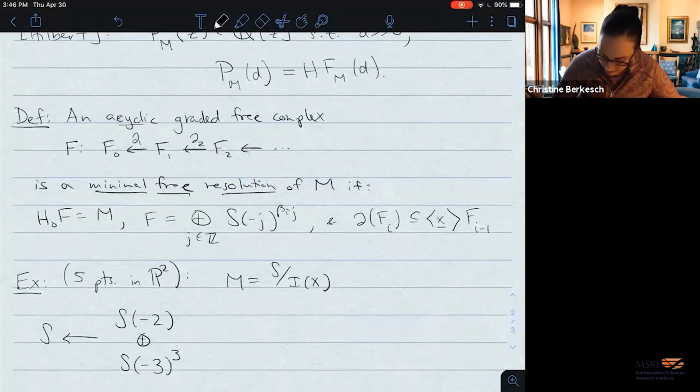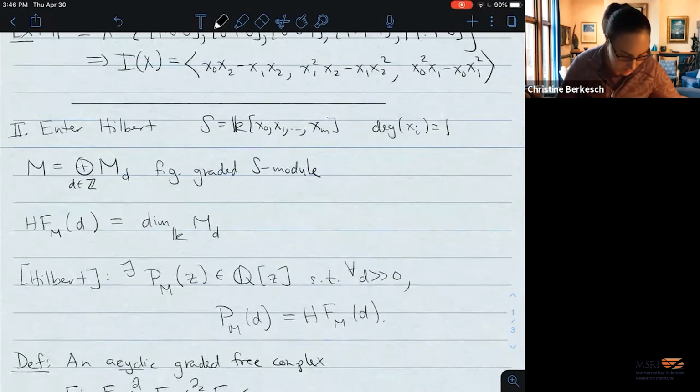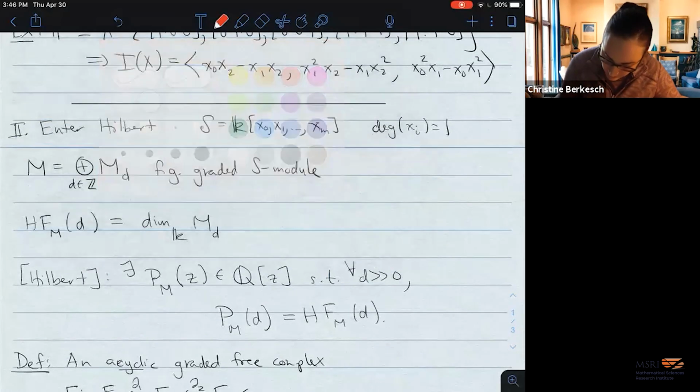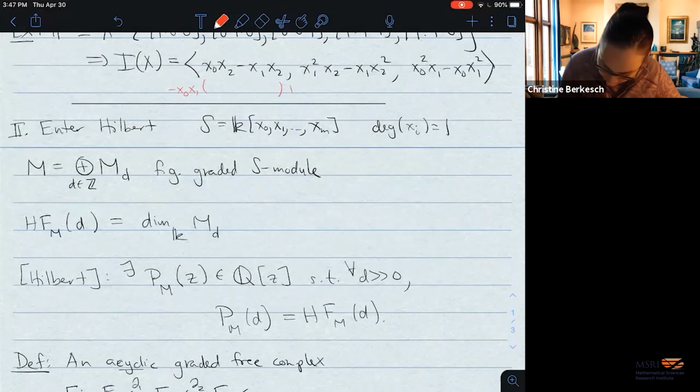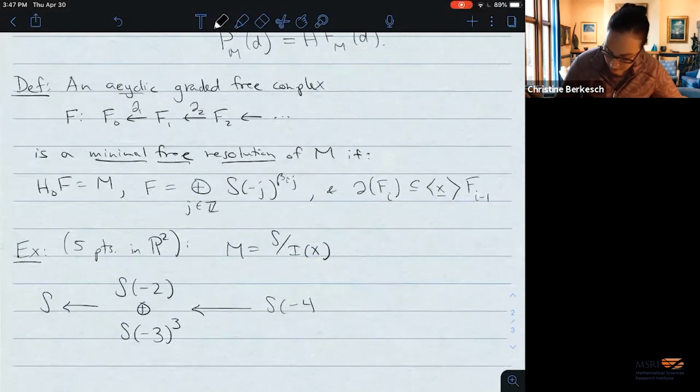And if we go back up and look at those to compute syzygies, you can see here, let's see, what did I have? So if I do minus x0, x1 times this first one, and then I add x2 times the second one, I get a syzygy. That gives me then a jump of degree 2 from my degree 2 form. So I'm going to have an S minus 4 here to account for that shift in just one of them. And then I'm done. That's enough in this case.